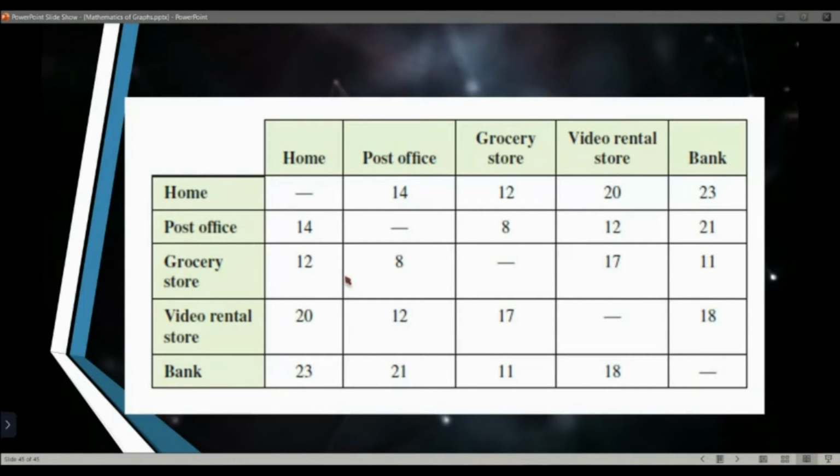Okay, so we have five locations now: home, post office, grocery store, video rental store, and the bank. Of course, Susan must start from her home and then accomplish all the necessary tasks for the day.